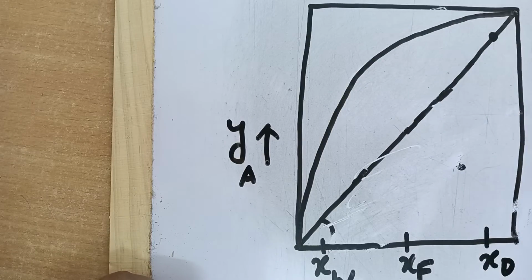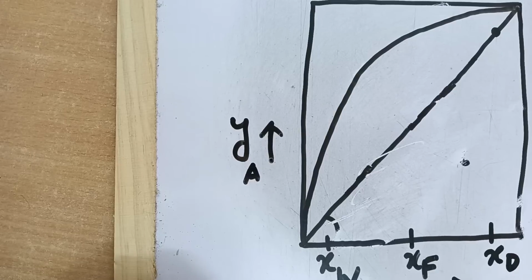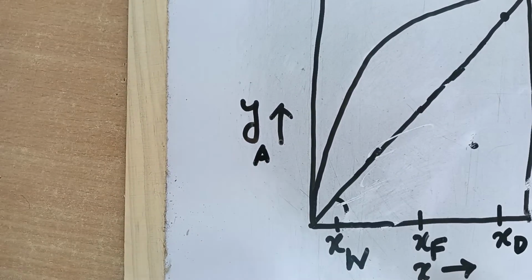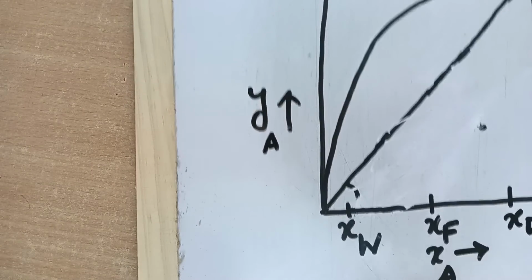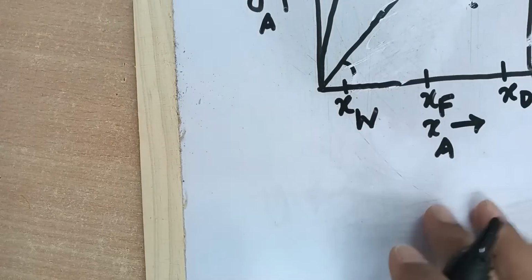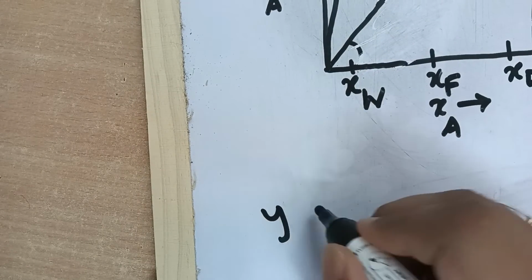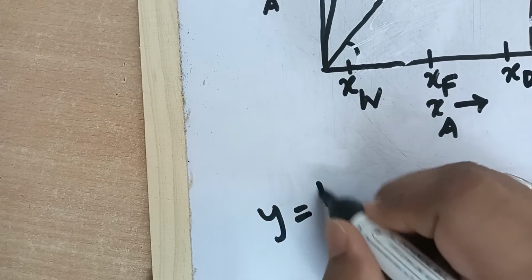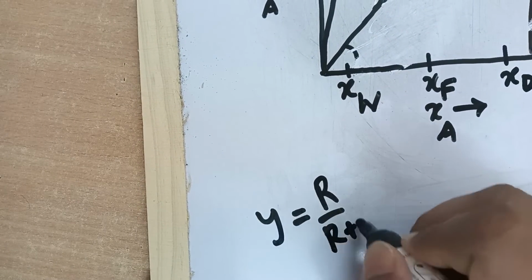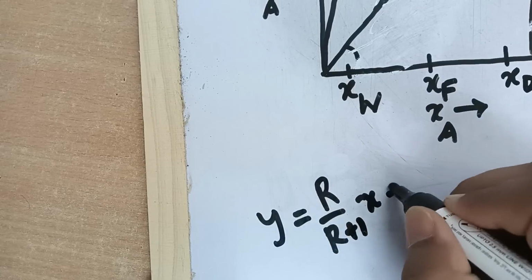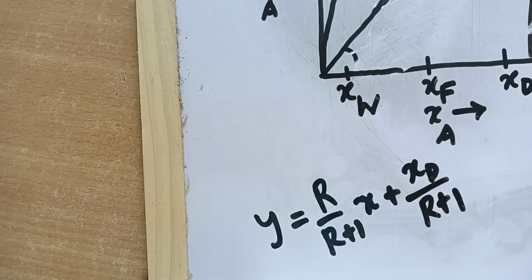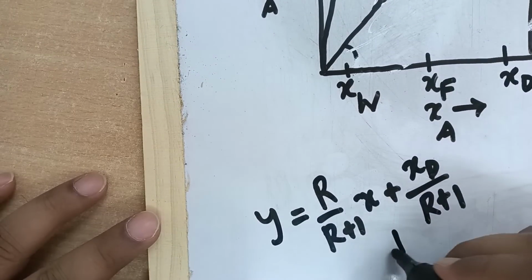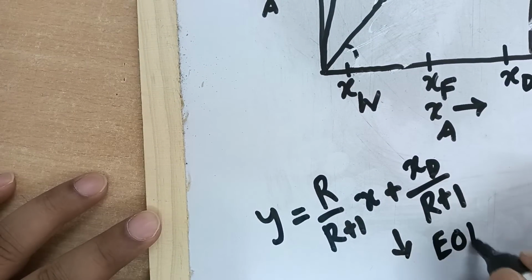The standard equation of the enriching section operating line is y equals R over R plus 1 times x plus XD over R plus 1. This is the equation of the enriching section operating line, or EOL.